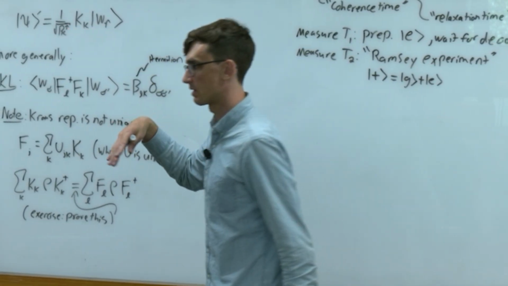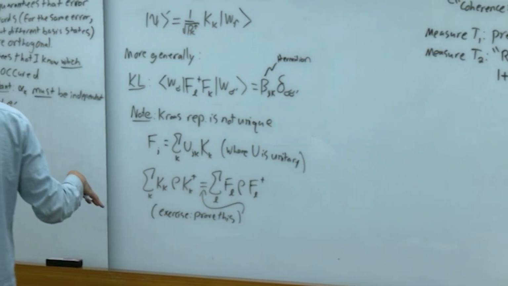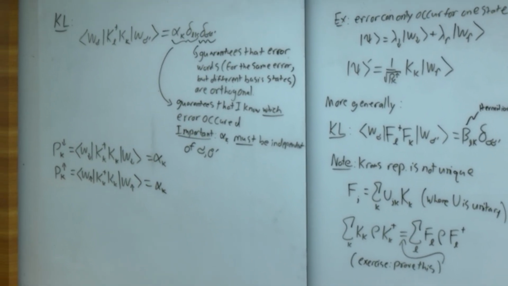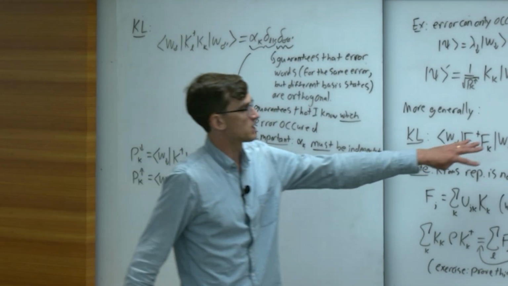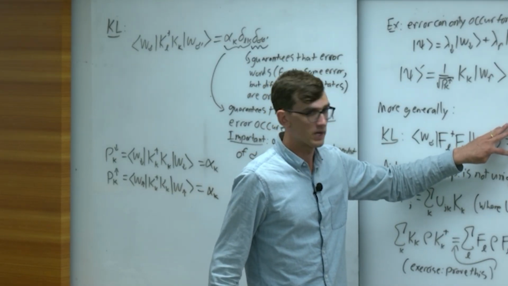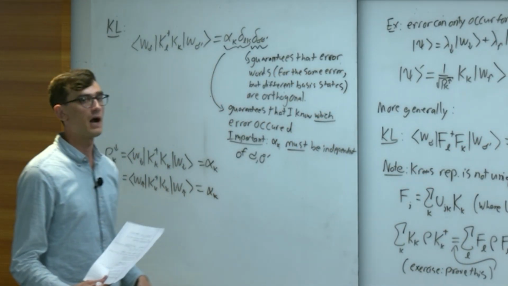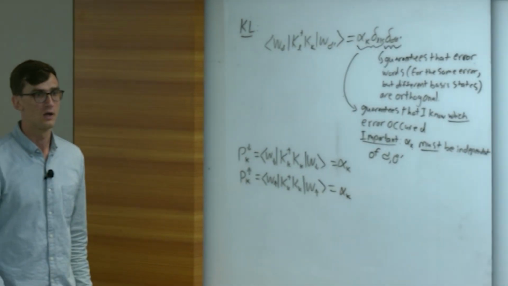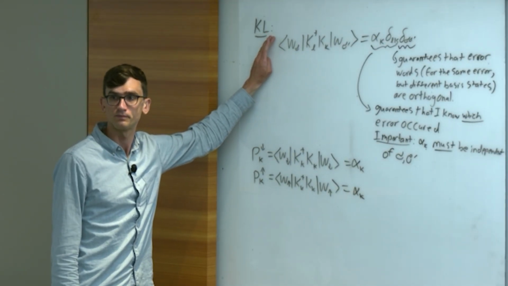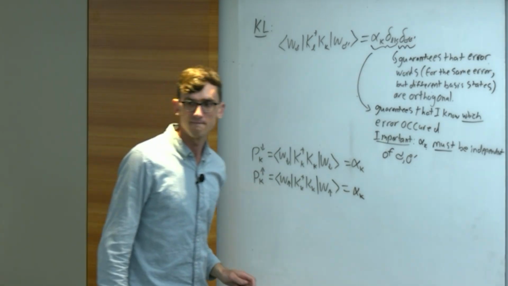You can think about that in multiple ways. One, I can transform my Kraus operators, but I also told you that this beta matrix is Hermitian. So if I diagonalize this matrix, I can back out what my Kraus operators are that obey the Knill-Laflamme conditions in this form. Any questions about that?